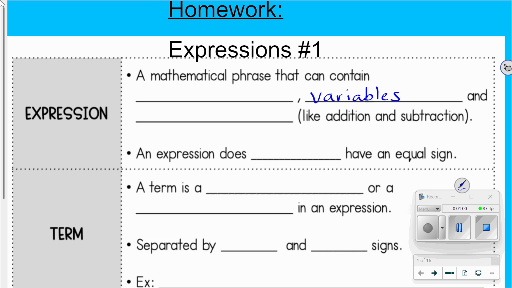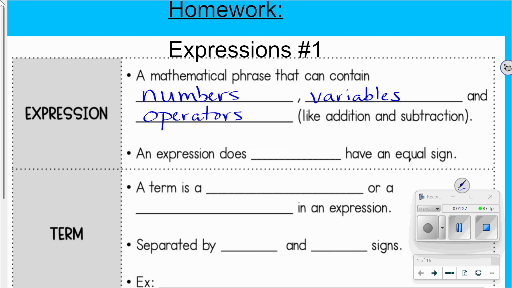You're close. Symbols. What kind of symbols? Addition. There we go. And the math term for those is operators. So yes, it's numbers, variables, and operators. Those are the three pieces that are used to build an expression.